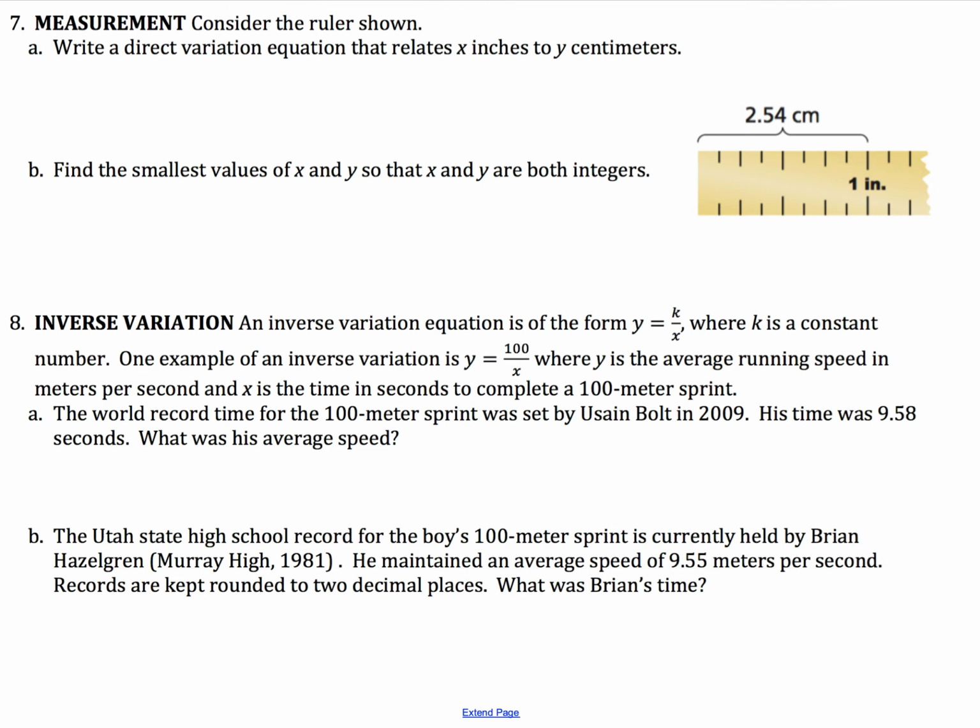You might take the conversion ratio fraction and try to simplify it so that the top and bottom are integers. Right now it would be 2.54 over 1. And then number 8 is a question about inverse variation, having you make some comparisons here. It looks like they're actually both talking about the 100-meter sprint. One, the world record, and the other, the Utah State High School record.